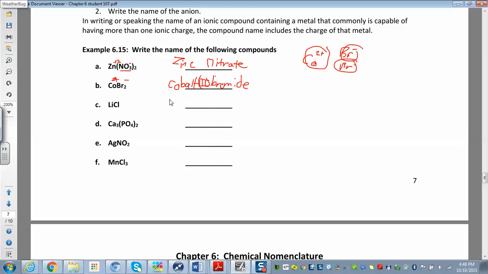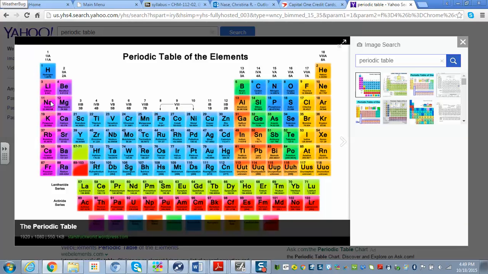Li, that's lithium. And instead of chlorine, this is chloride. Now, I don't need to write lithium +1 because remember where lithium is. Lithium is an alkali metal over here. So everybody here is +1. This is all +2. These guys in blue, those are the ones you have to worry about.